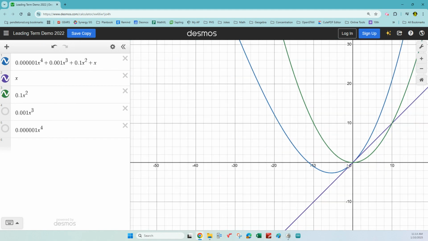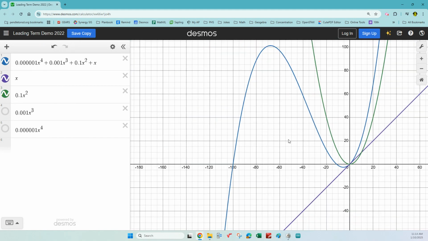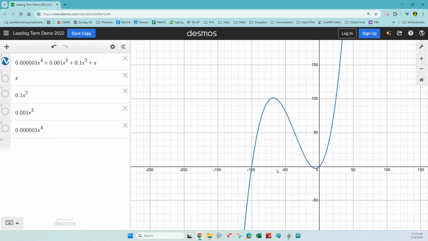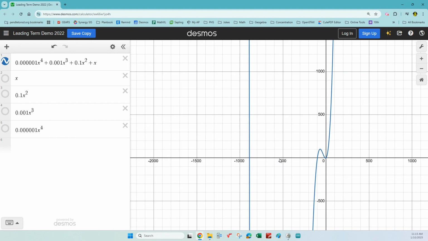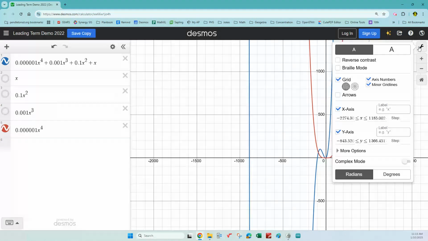And if I zoom out even further, it starts to look like it turns again, and it looks kind of cubic almost. But if I keep going, eventually this thing turns, and if I zoom far enough out, it starts to look like the dominant term, the leading term. It doesn't look exactly like it yet, but let me zoom out a bit and you'll see.